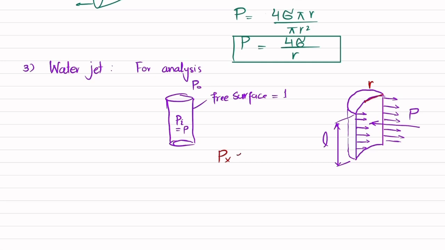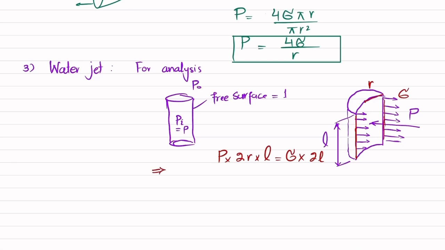So P into 2R multiplied by L is equal to sigma multiplied by 2L. Why 2L? Because you can see one length is this and one length is this over which it is acting.